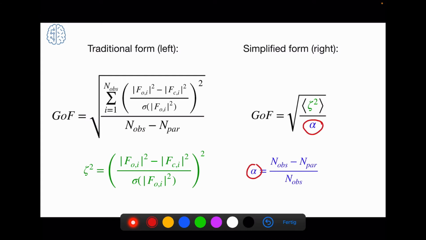Alpha is a number between 0 and 1, and usually closer to 1. And it again involves the difference between observed reflections and the number of parameters in the model.